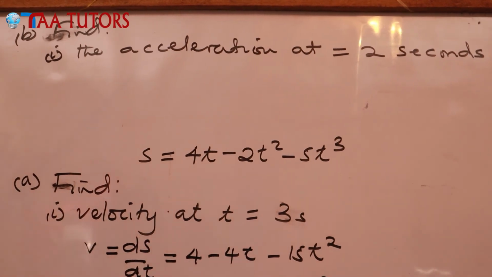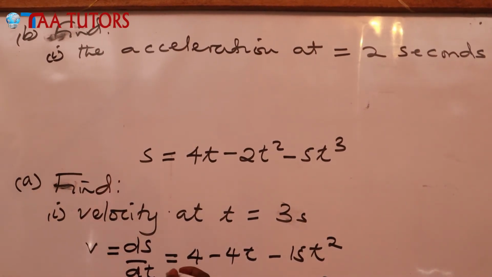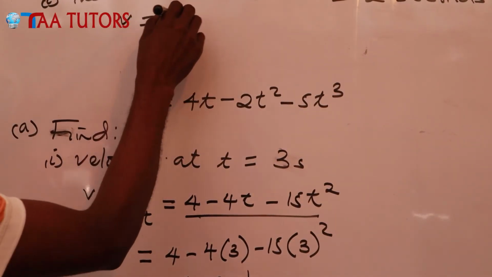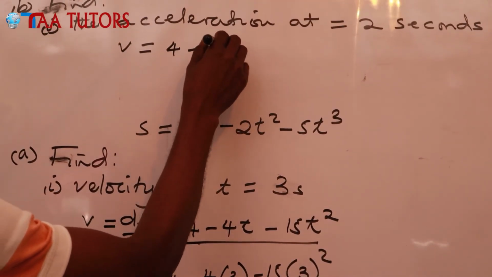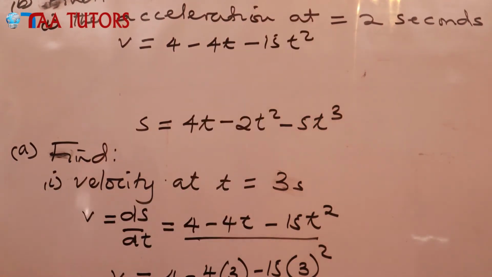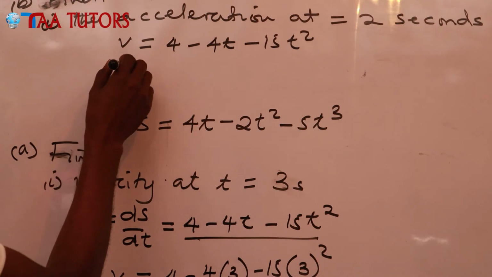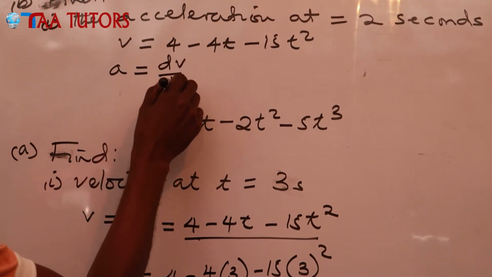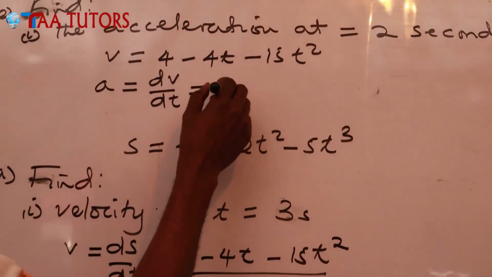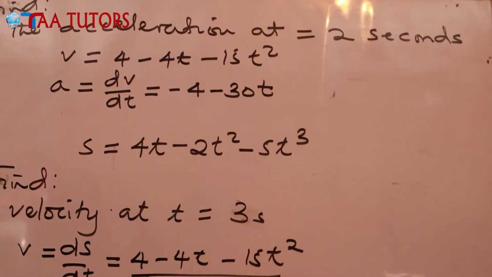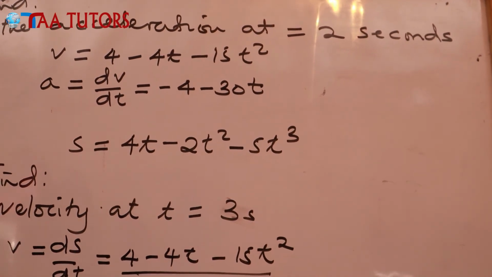Now at t equals 2 seconds, we know the velocity function is v equals 4 minus 4t minus 15t squared. But we know a equals dv/dt, which is going to be negative 4 minus 30t. That is our acceleration function.